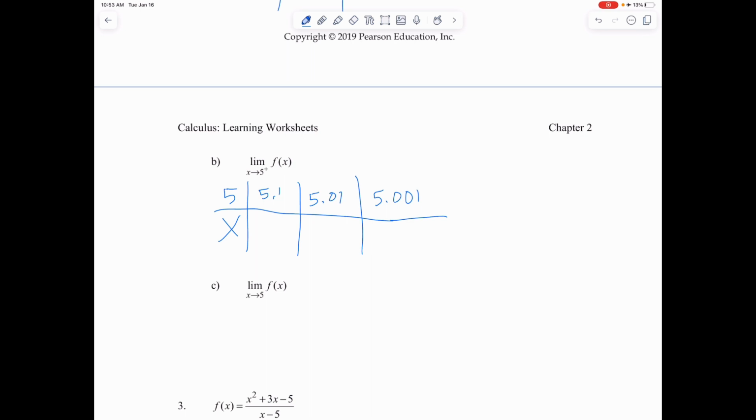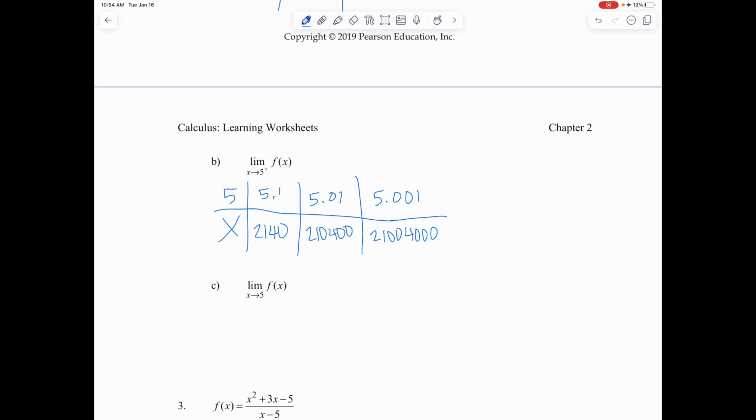So we get 2,140. 210,400. And 21,000,000.